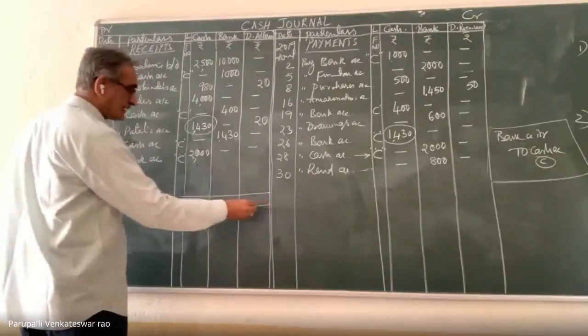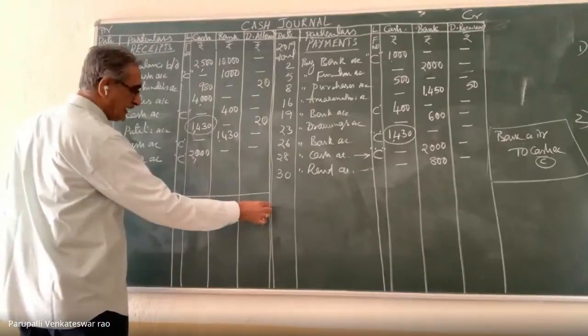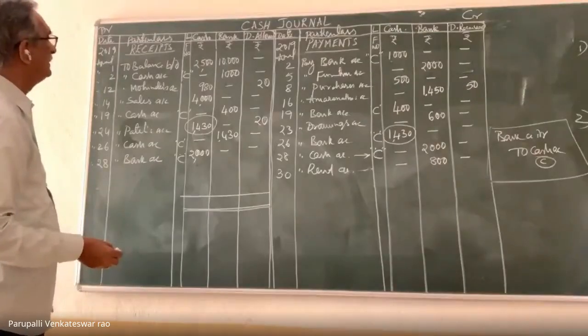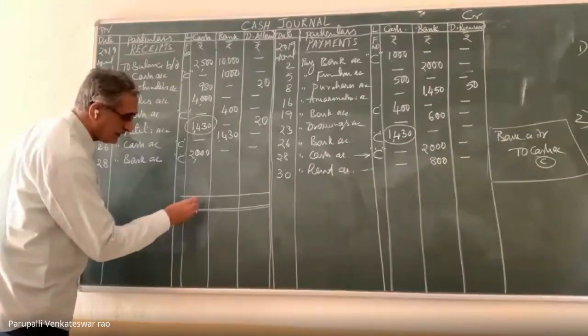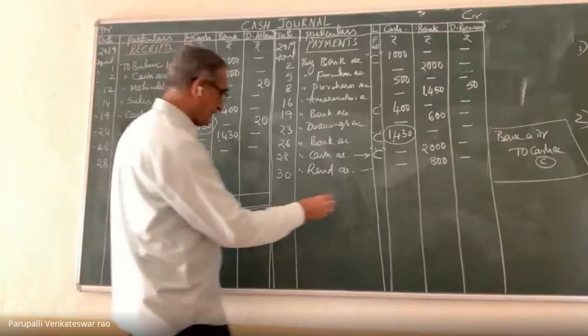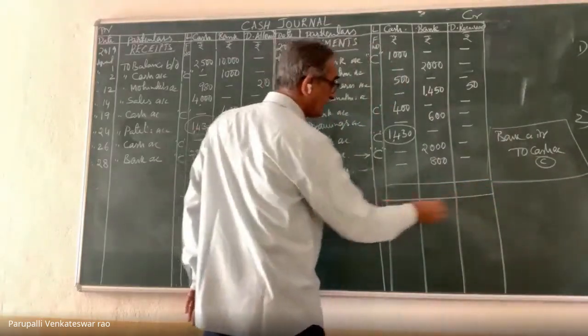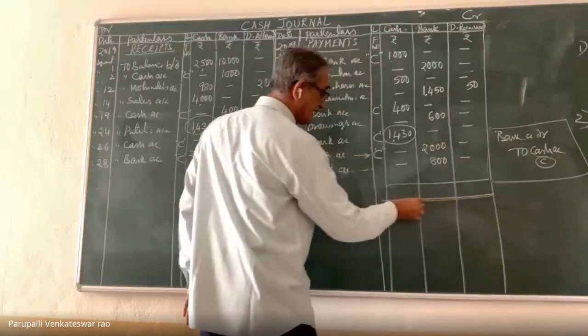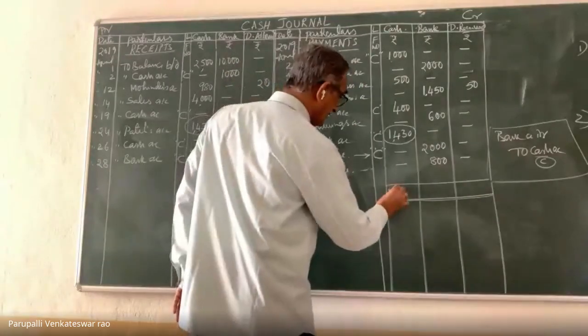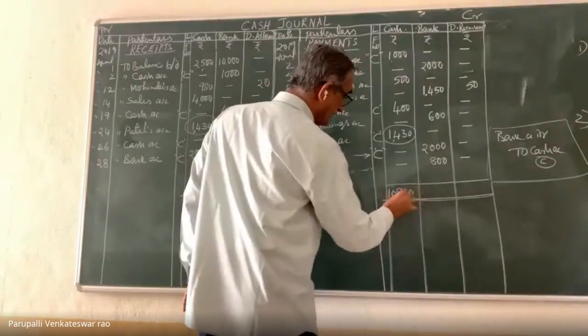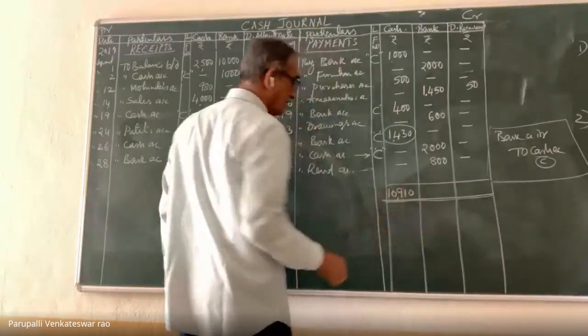the cash column. Which side is more? Debit side is more. What is the total? 10,910. On the credit side also write 10,910. Write a double line below; on top it is a single line.